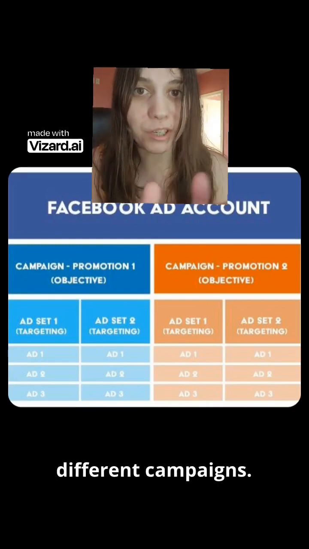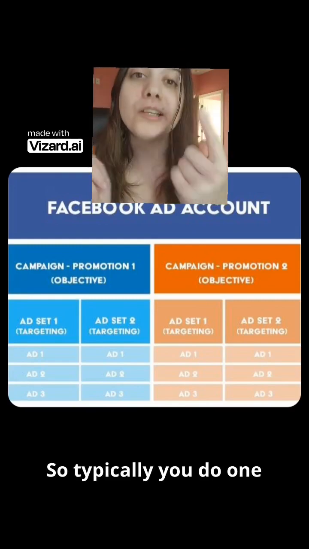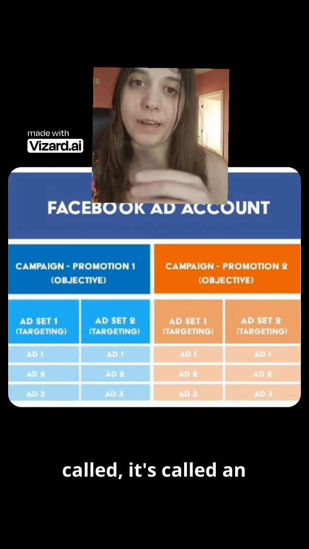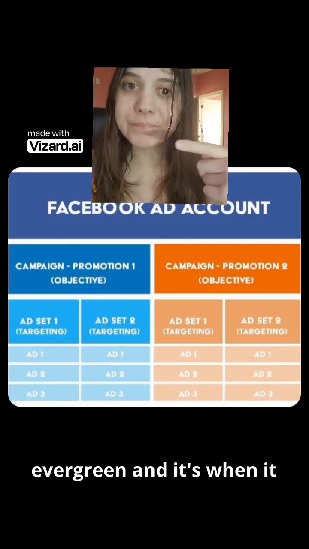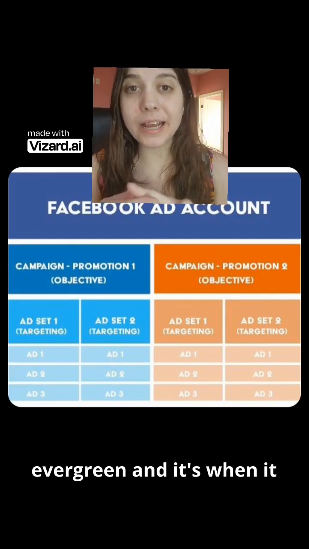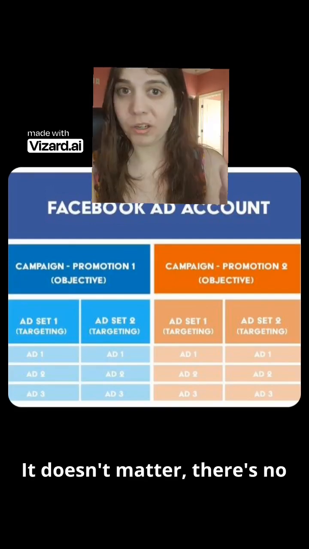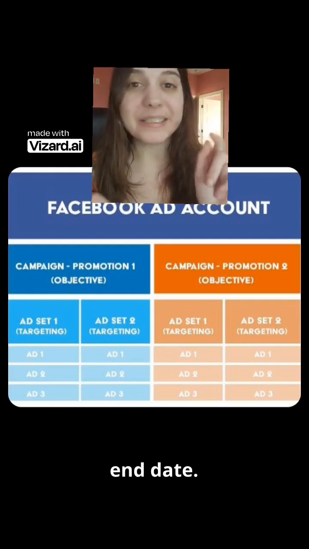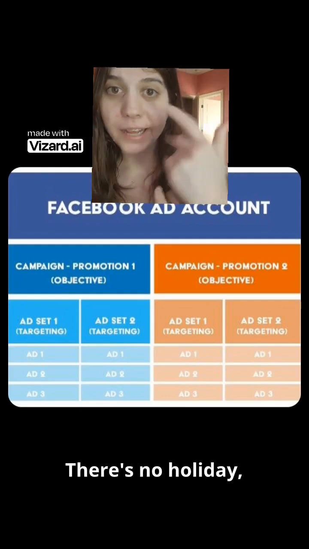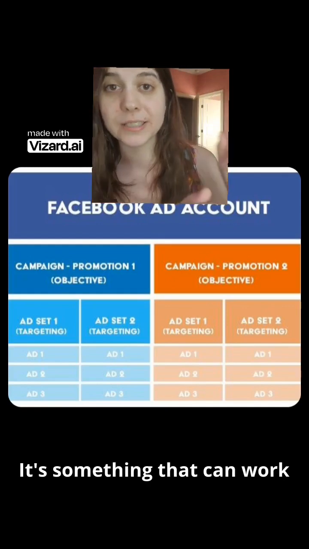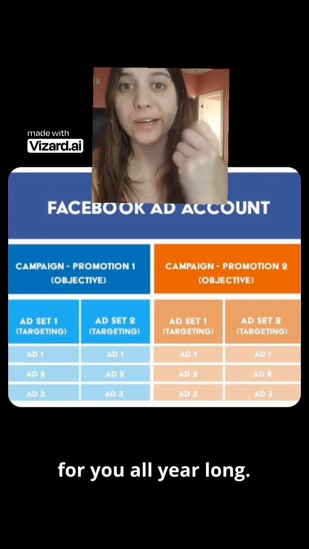And then you can have different campaigns. So typically you do one called an evergreen. And it's when it works all year long. It doesn't matter. There's no end date. There's no holiday, temporary discount, none of that. It's something that can work for you all year long.